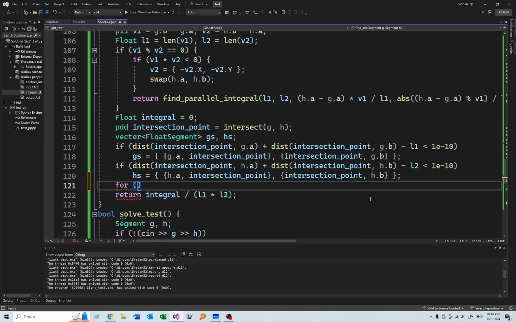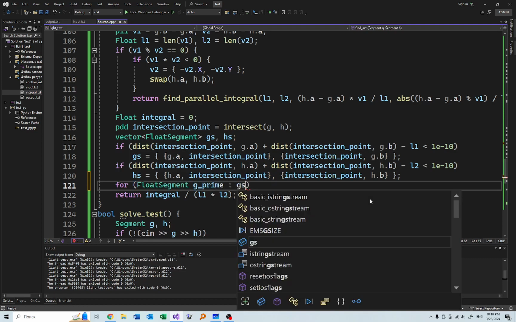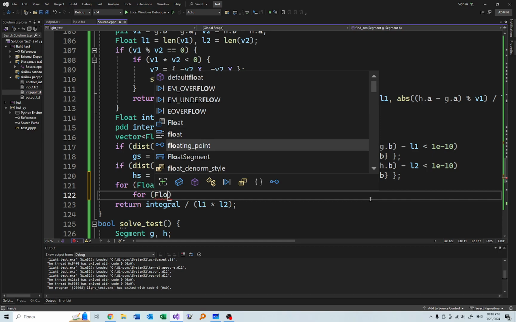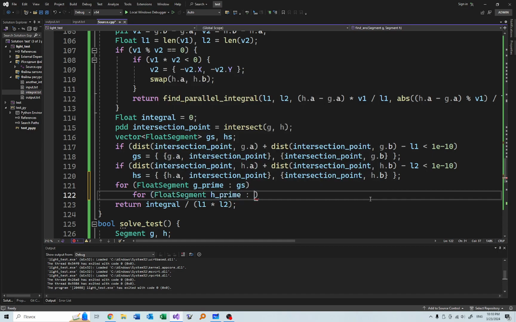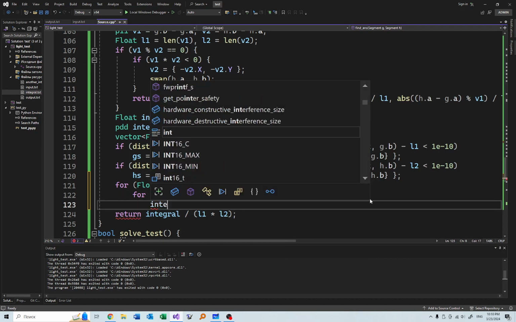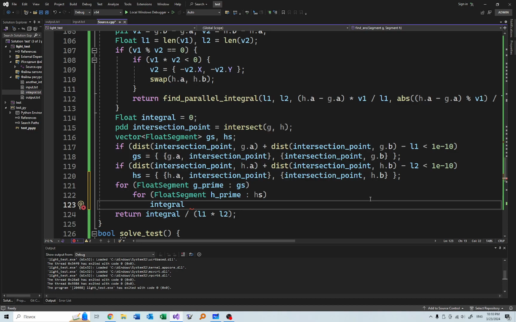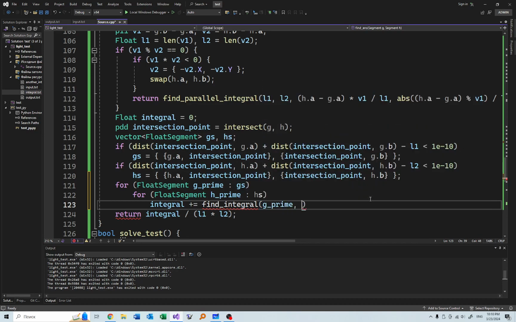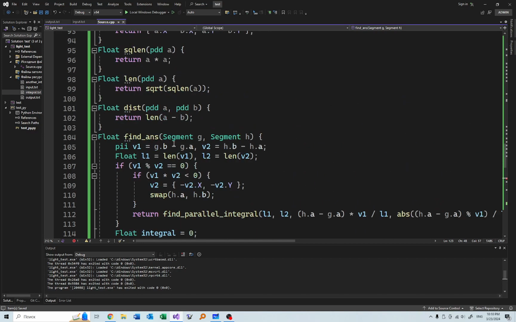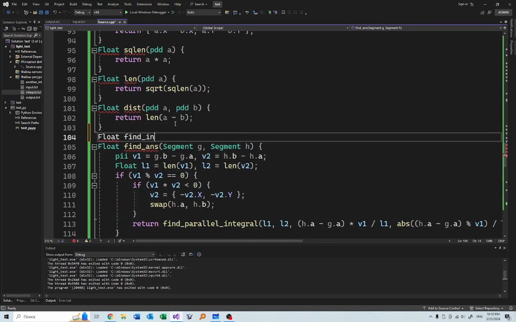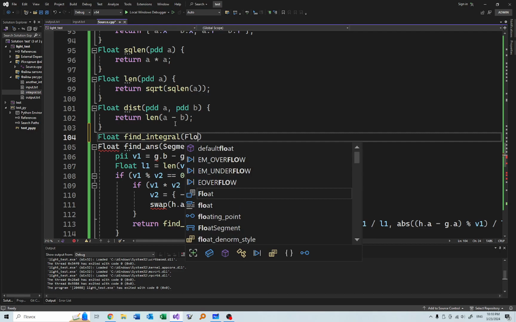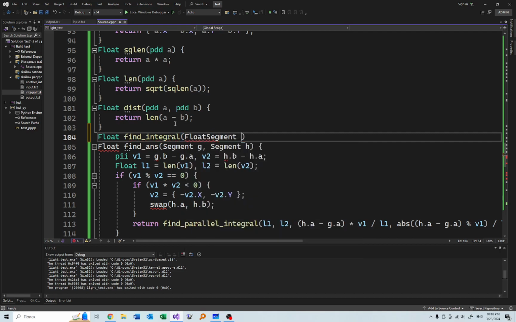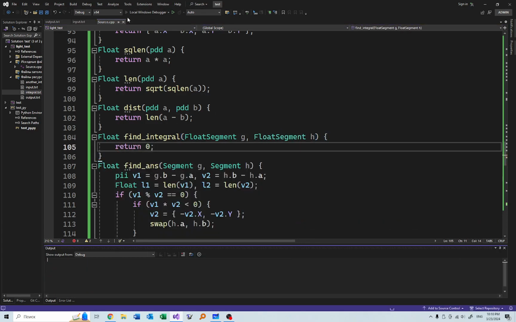So now we need to say that for float segment G prime from GS and for float segment H prime from HS, integral plus equals find the integral of g prime and h prime. Let's check that it at least compiles.